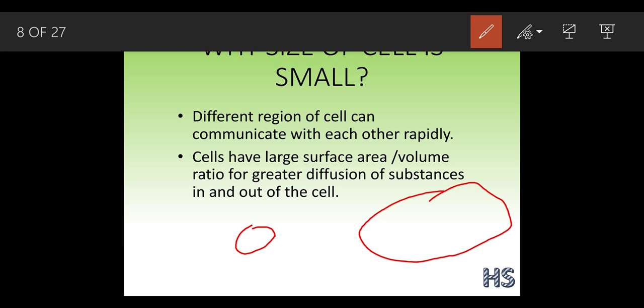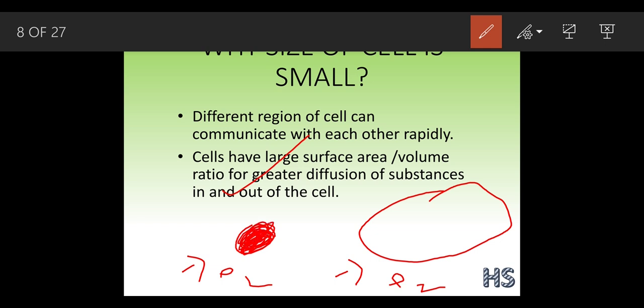Inside this there are substances. Suppose there is an entry of oxygen, a supply of oxygen in both cells. Who will get oxygen fast? Definitely this cell will get oxygen fast, because it becomes very easy for oxygen to diffuse inside this cell, since the size is very small.